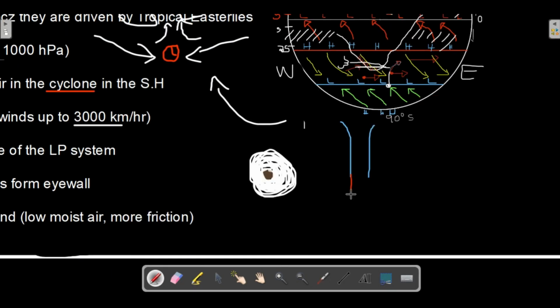If you were to stand at the surface, you will actually experience warm air, because the cold air from the upper atmosphere sinks down and warms up, and we say that it warms up adiabatically. We say that this is adiabatic warming. This is an increase in temperature with decreasing altitude or height.